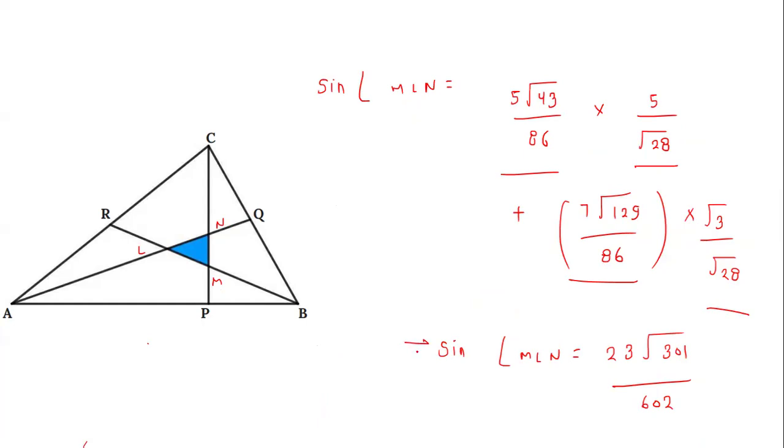After simplifying you know this L angle. What is this? Sine of this L angle is 23 root of 301 by 602. So this you can calculate.